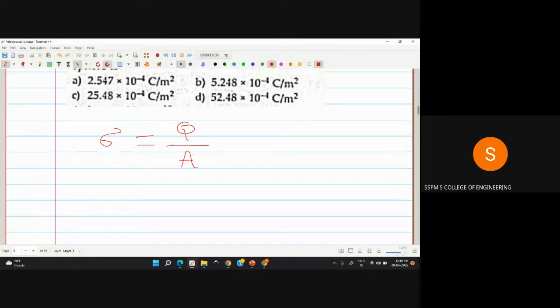Here in this example, one sphere is given. Let capital R be the radius of the sphere, and this radius is given, it is 8 centimeter, isn't it? And the total charge present on the sphere is how much?